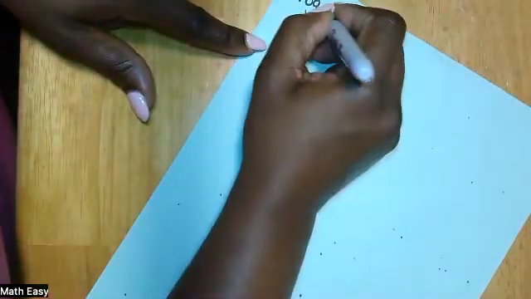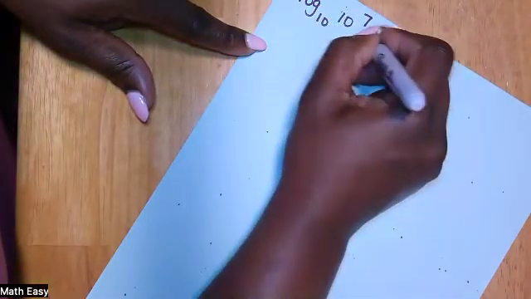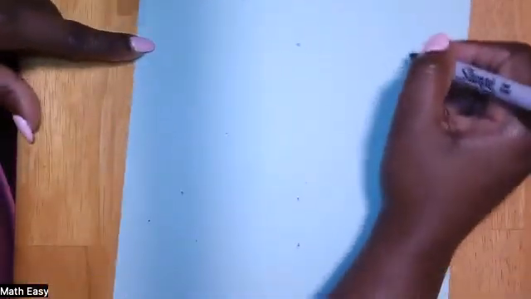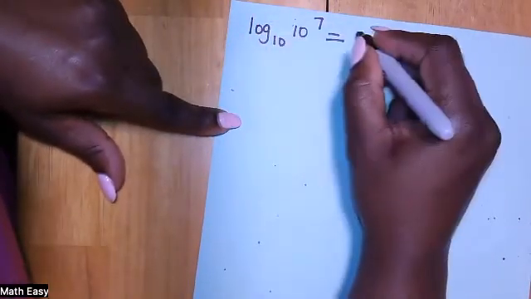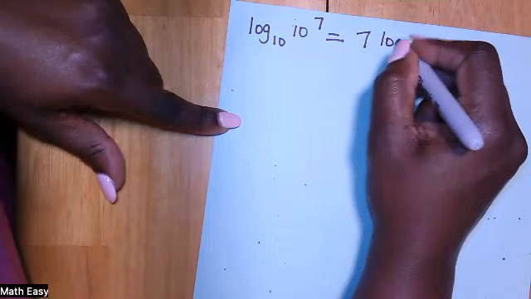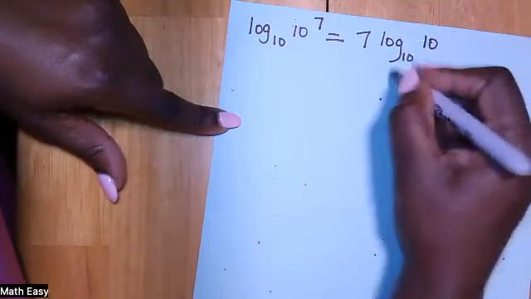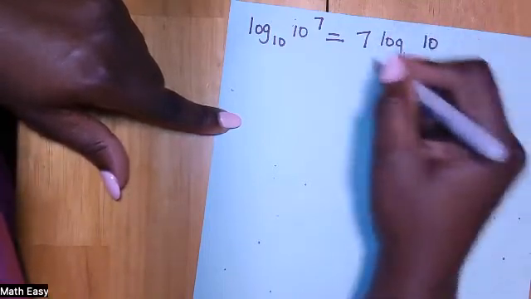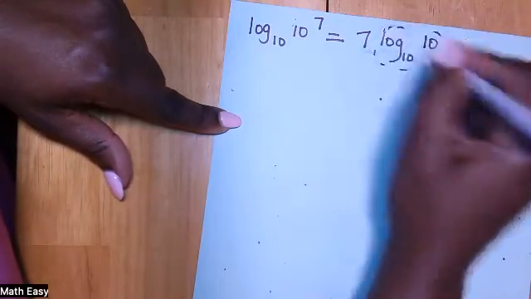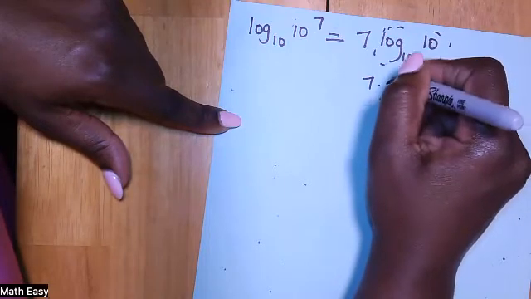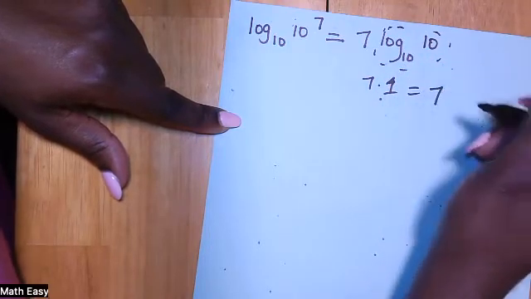Well, if we have this question, log base 10 of 10 raised to the power of 7, what will we do? Well, we can take that power, place it in front of log. And we know this here equals 1. So if this thing equals 1, then it's 7 times 1, which will be equal to 7.